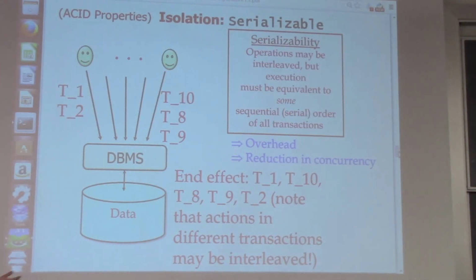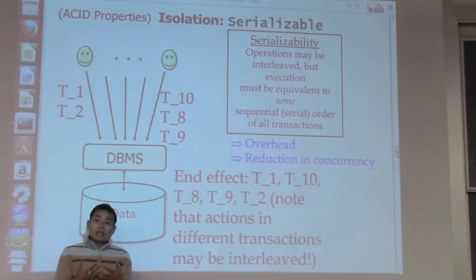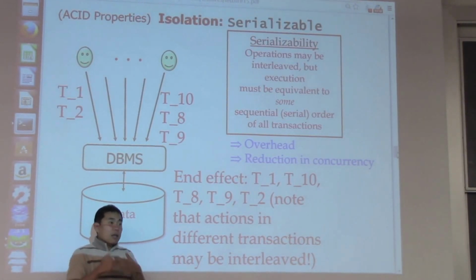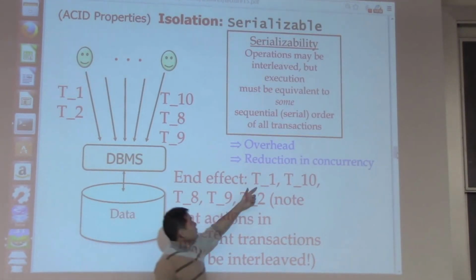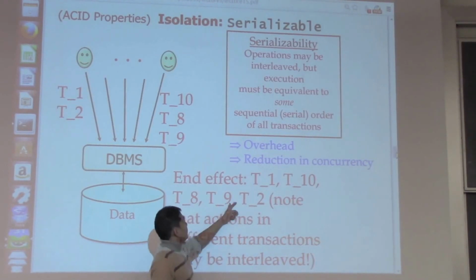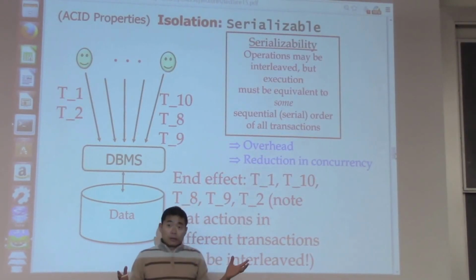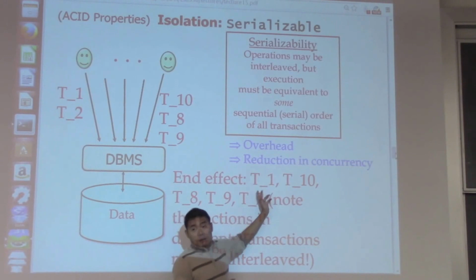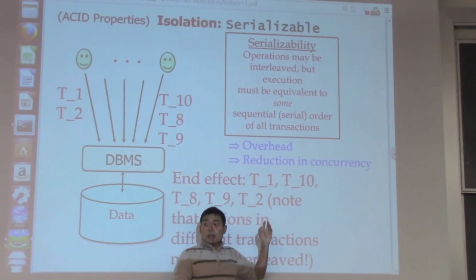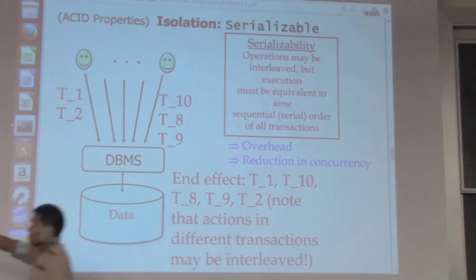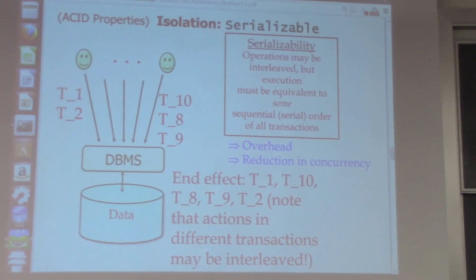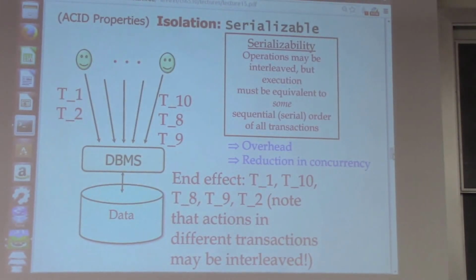It is also possible that after interleaving actions from different transactions, the end effect on the database system is like T1, T8, T9, T10, T2. That's also okay. Which might be different from the order I'm showing here, but that's okay because the requirement is equivalence to one of the serial executions of these transactions. Okay?